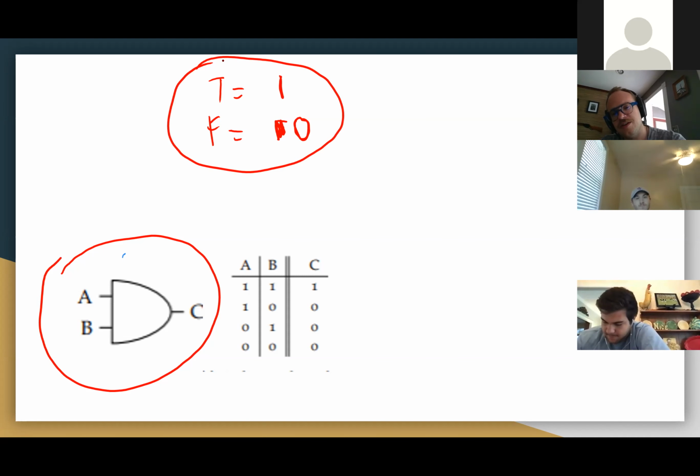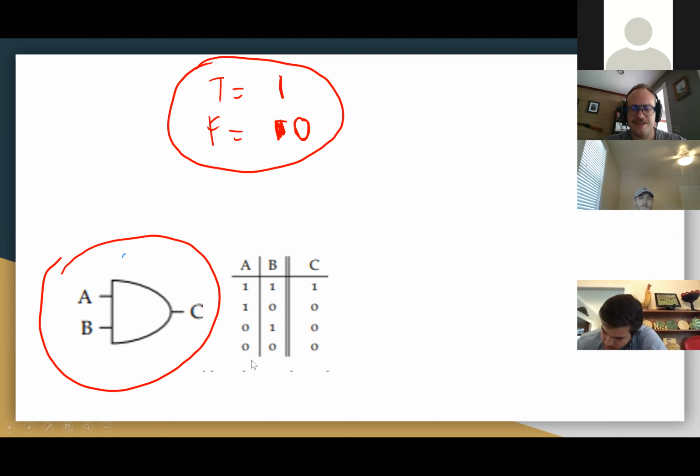Okay. So if I was going to turn this table of operations into a TFL operator, which one would it be? Where the ones represent truths and the zeros represent false.